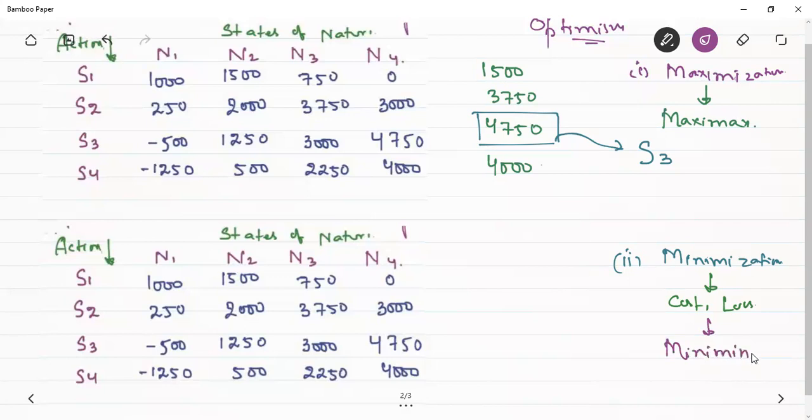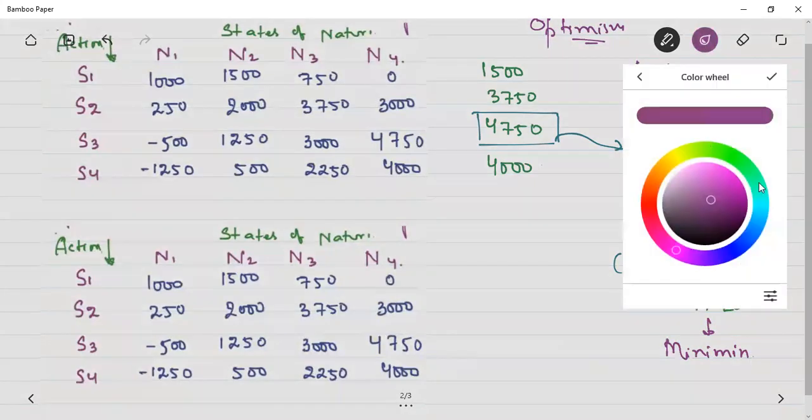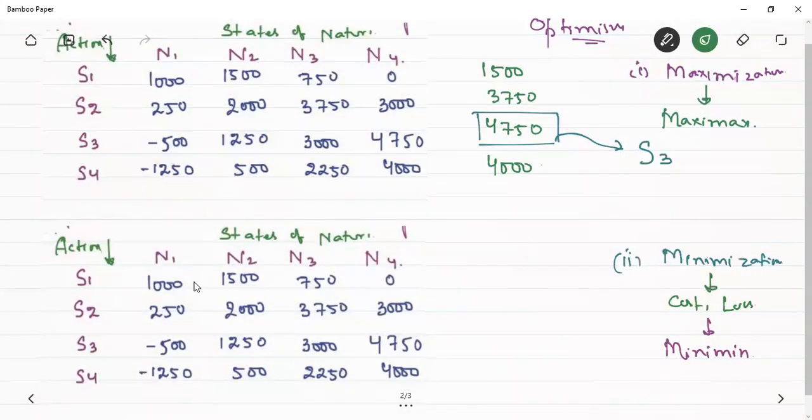Minimin means minimum of the minimum. Therefore, we first select the minimum value for each course of action. In the first course of action, the minimum value is 0. In the second, it is 250. Minus 500 is the minimum value for the third. And finally, minus 1250 is the minimum value for the fourth.